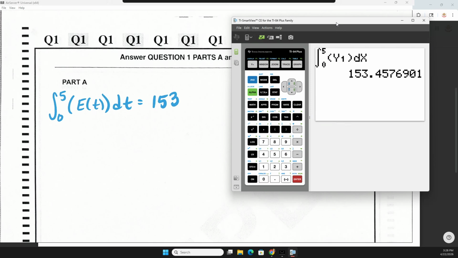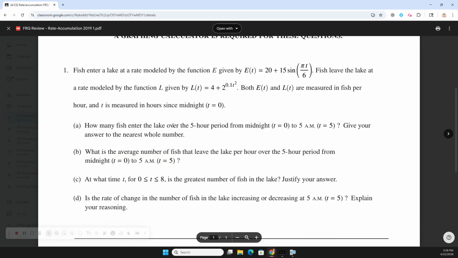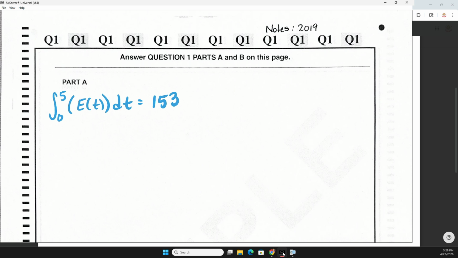And then I'm going to just write a little sentence that gives the answer. The original question is how many fish enter the lake? And so we are just going to make sure we answer that question.